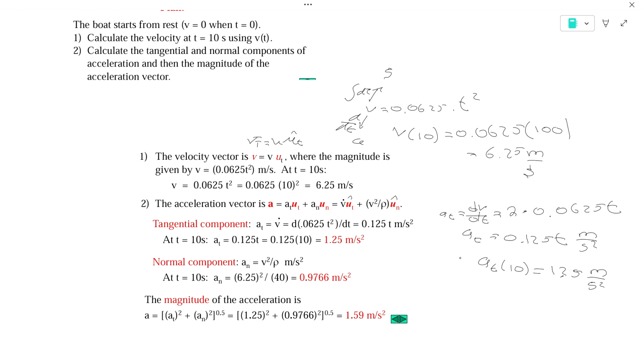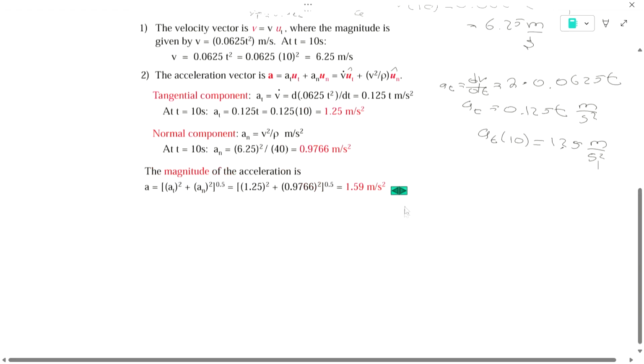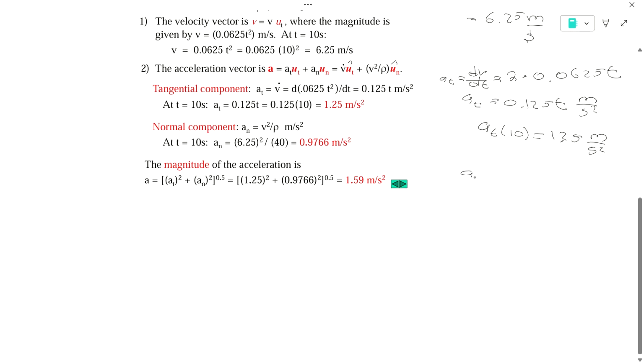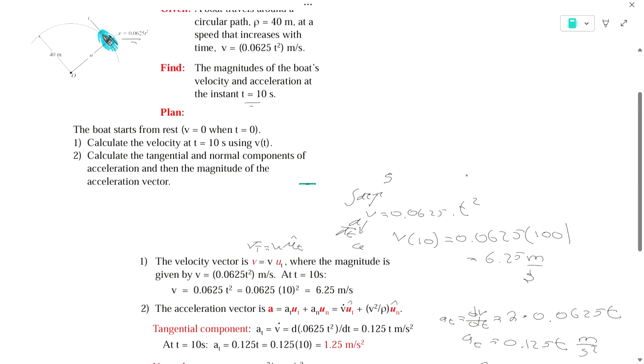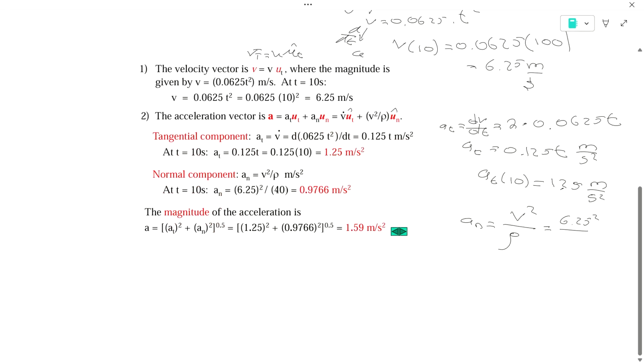Now the normal component is very easy because it is simply the velocity squared divided by the radius of curvature. The velocity is 6.25, so 6.25 squared divided by the radius, which is 40.